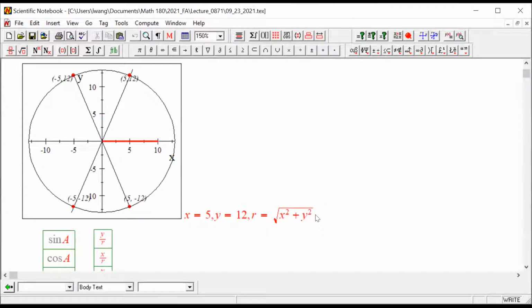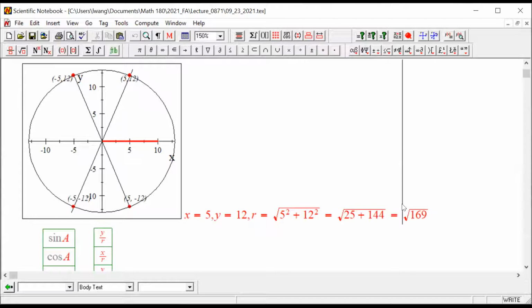We plug in the number 5 and the number 12, and we get the square root of 25 plus 144, which is equal to the square root of 169. You can see I made these choices in order to get numbers that are not so messy.